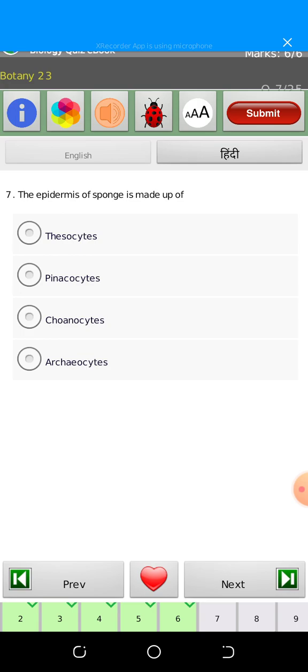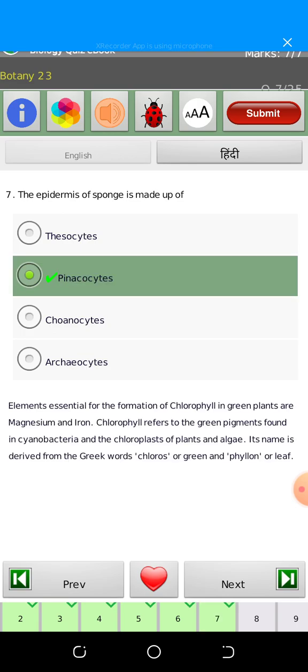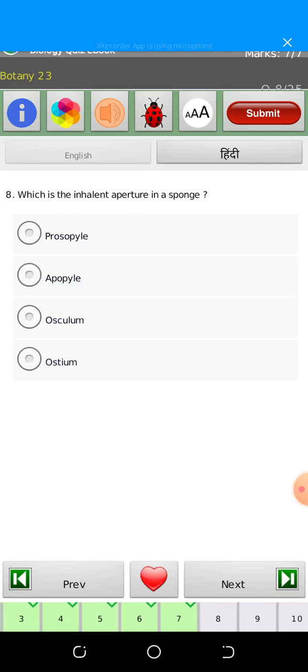Next is, the epidermis of sponge is made up of thymocytes, pinacocytes, conocytes, archaeocytes. The epidermis of sponge is made up of pinacocytes. Next is, which is the inhalent aperture in a sponge?